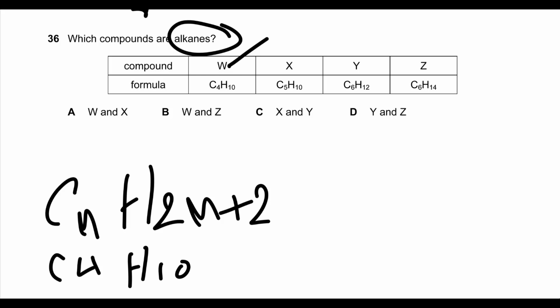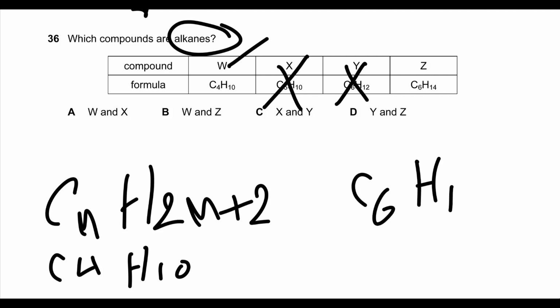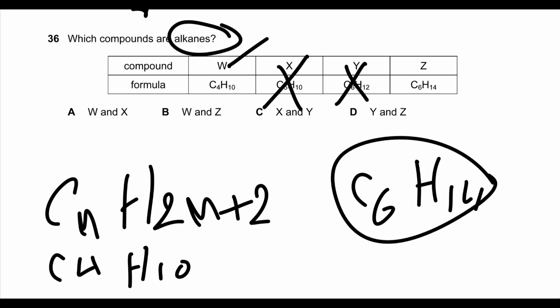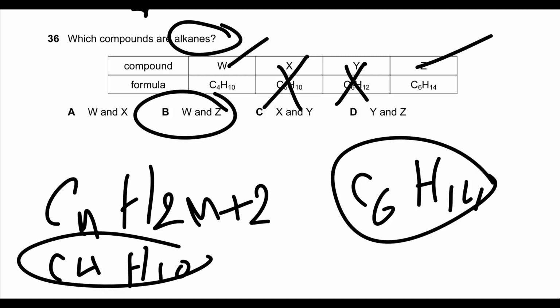So this one is correct. This one here, the number of hydrogen is 2 times carbon, so this is alkene, not alkane. This is also alkene, and this one C6, 6 times 2 plus 2 is 14, so this is another alkane. So you have W and Z, so option B.